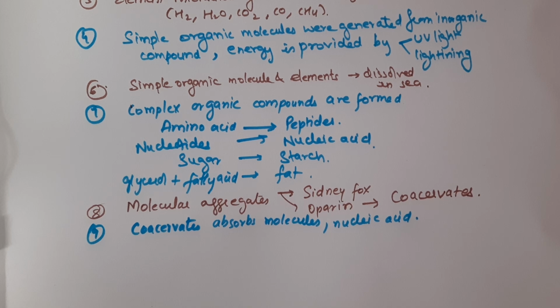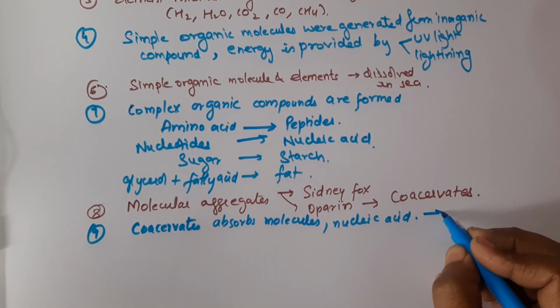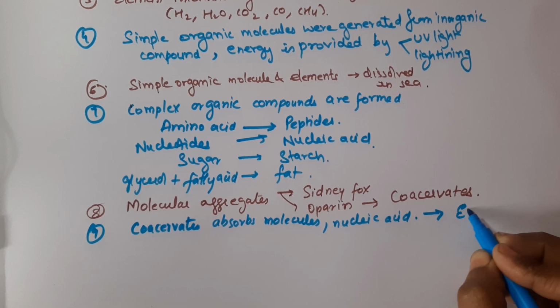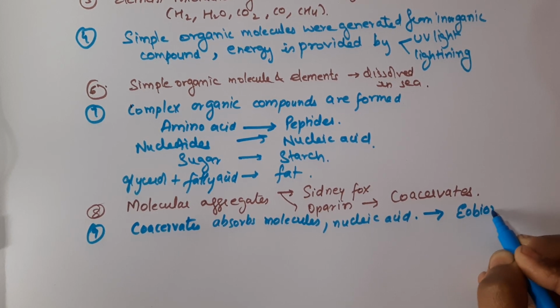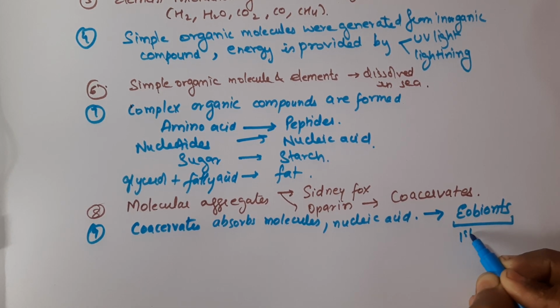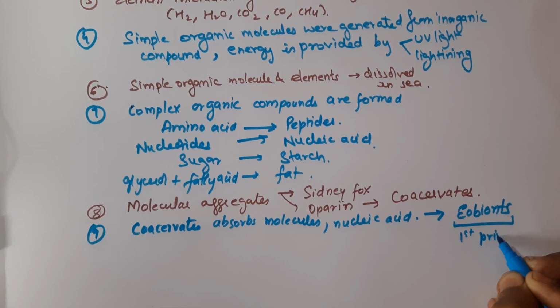Then these led to the formation of the first primitive living system, that is the eubionts. So eubionts are the first primitive living system.